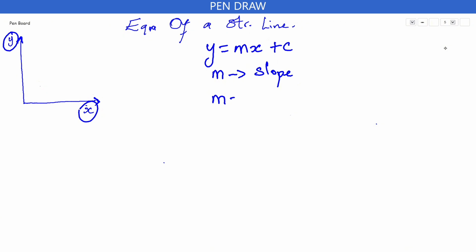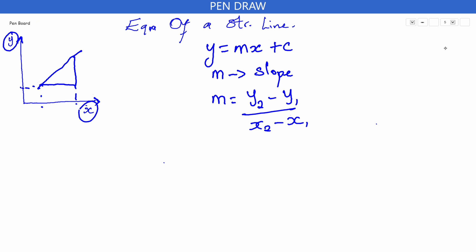Now what's the slope? Slope is equal to y2 minus y1 over x2 minus x1. That's the formula for slope. Whenever we have a straight line like this, we always have our x1, our x2, and the same way too, we have our y1 and our y2.